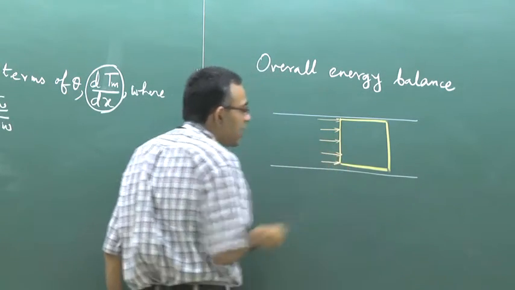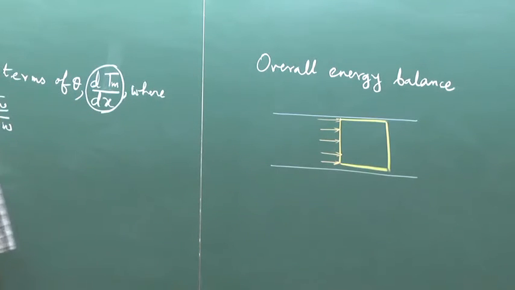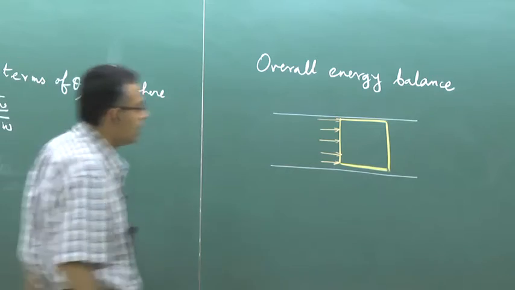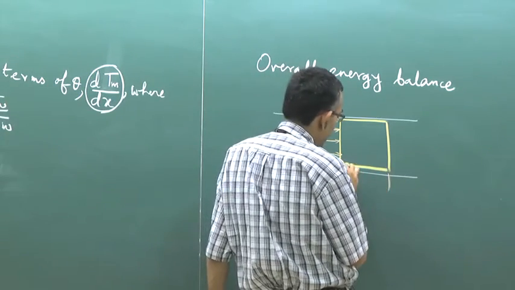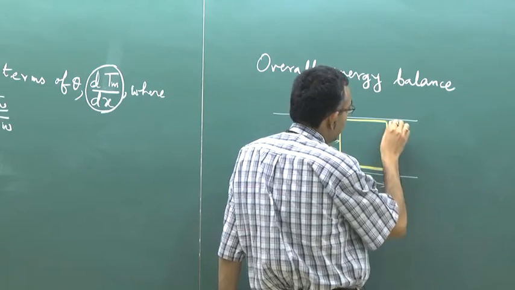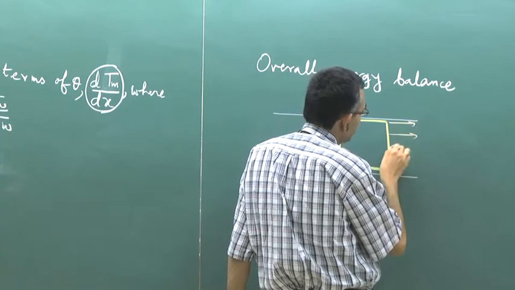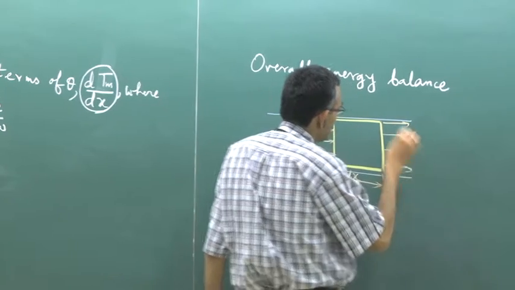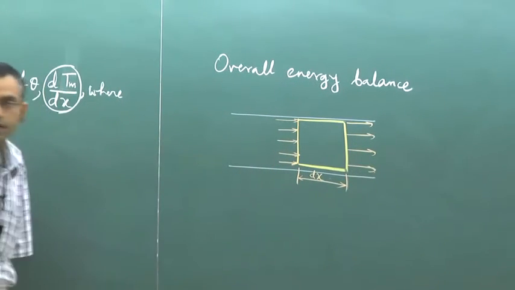There is some energy that is entering, let us say that this length is dx, and there is some energy that is leaving. So what is the energy that is entering?